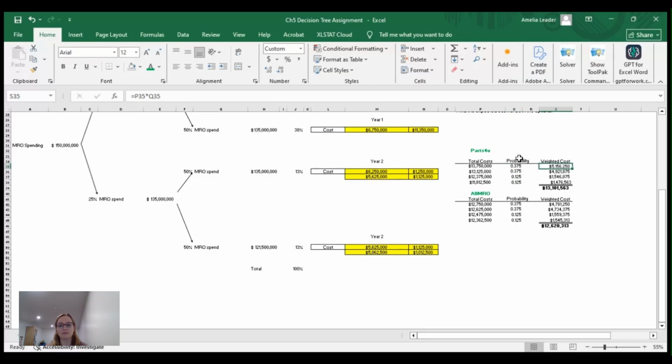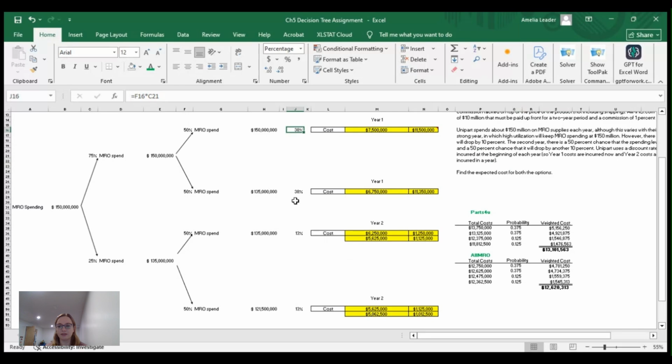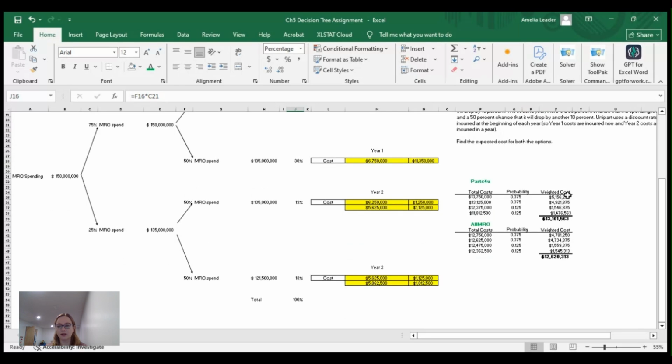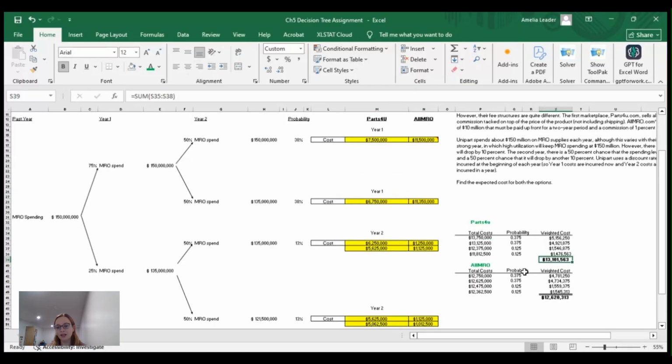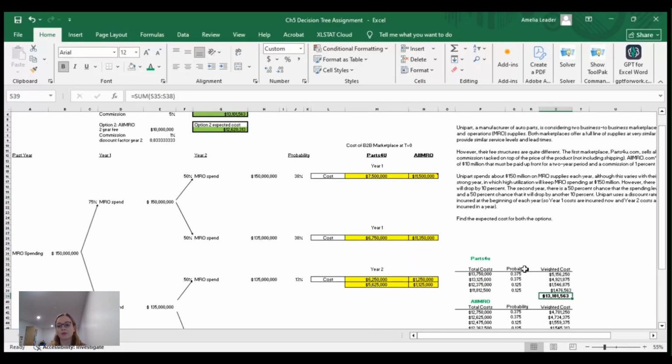So 0.375, which is from over here, and multiplying that by the total costs, so it's the total cost times the probabilities and the weighted costs. So for Parts for U, I ended up with a total of 13,101,563.